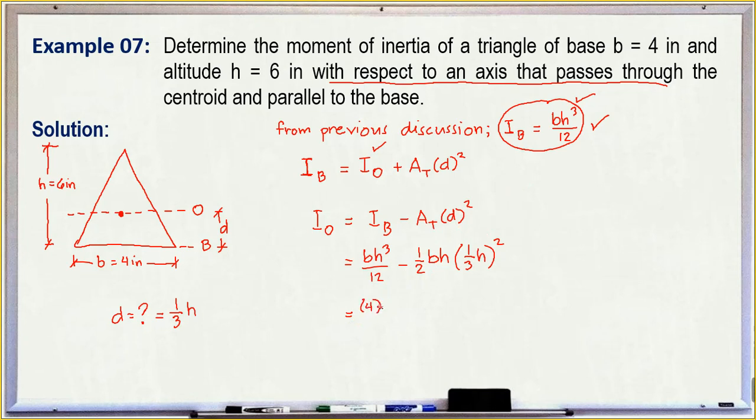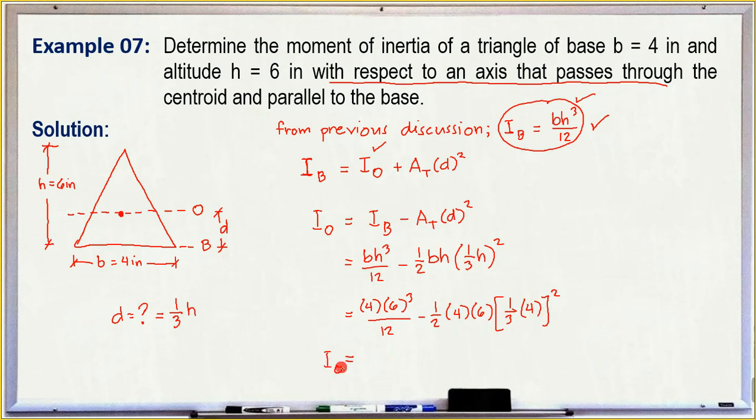So 4 times the height of 6 inches cubed divided by 12 minus 1/2 times the base of 4 times the height of 6 times 1/3, squared.